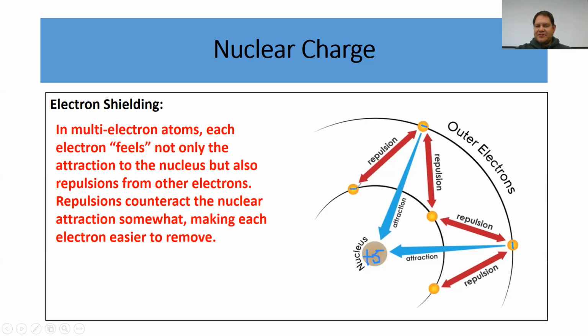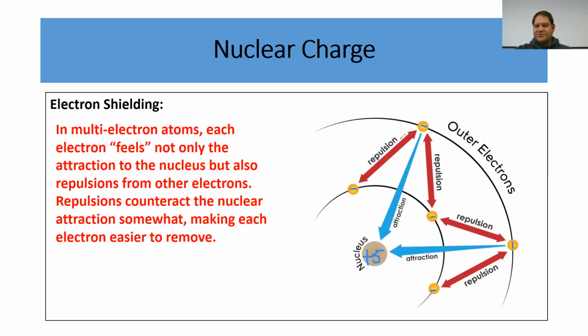Because the electrons have similar charge, the core electrons are going to repel the outer or valence electrons, okay? So the repulsion forces that are occurring here have a big, giant effect on the overall attraction between the nucleus and the valence shell, all right?